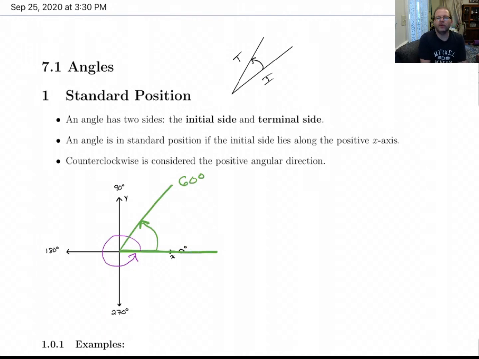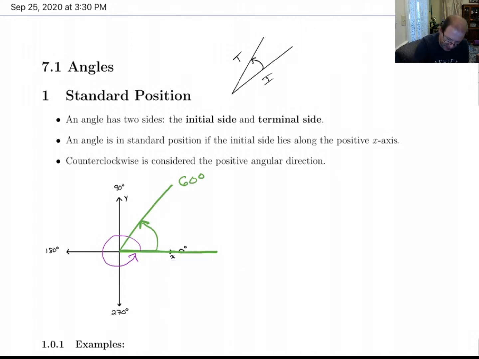It's a little different than with directional stuff. If you talk about direction and headings and bearings and that kind of thing, north is considered 0 degrees there. But this is the standard way to do it when you're talking about mathematics and analytic trig, is to start with 0 degrees being sticking out on this side over here.